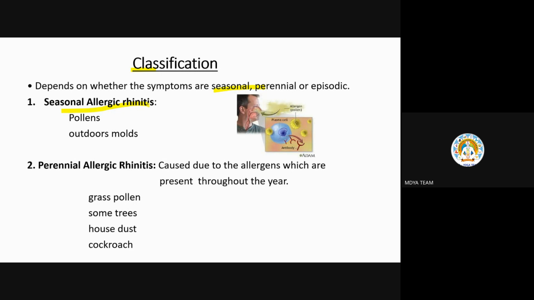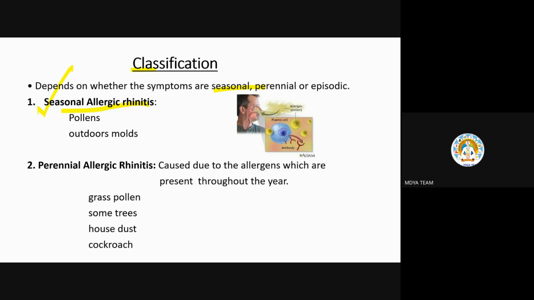It depends on the person. So when these tiny particles or irritants affect you in different seasons, such a condition is called seasonal allergic rhinitis.